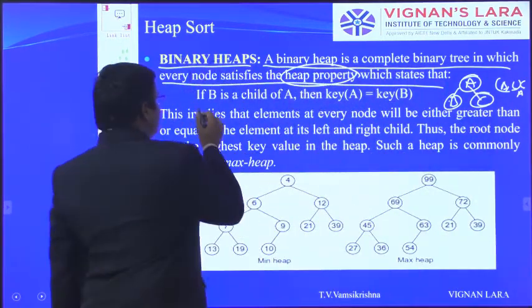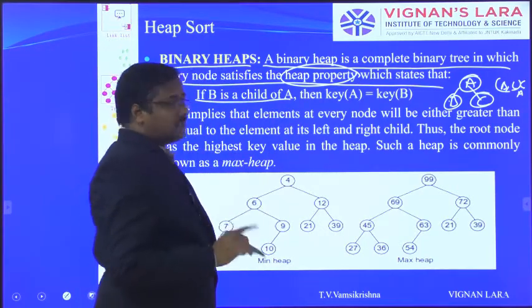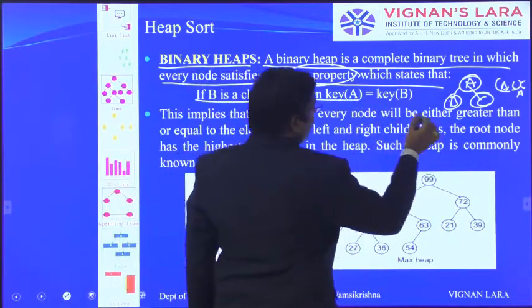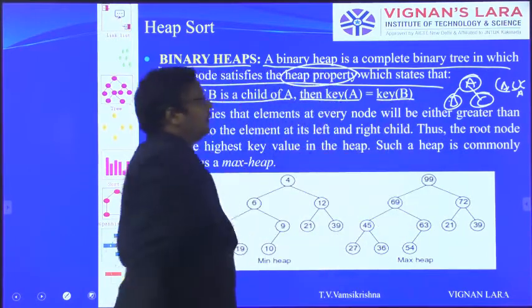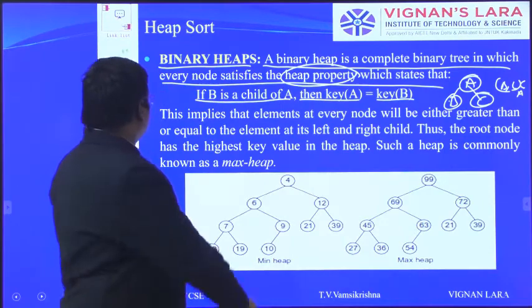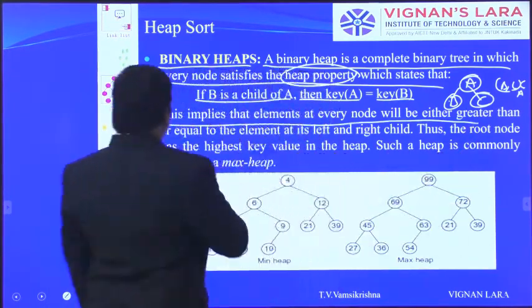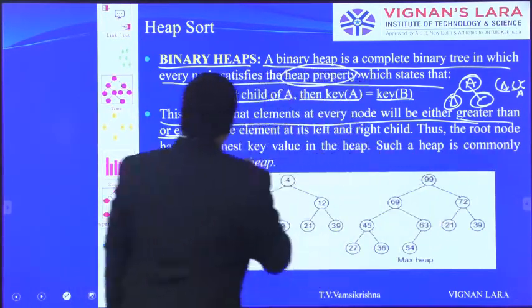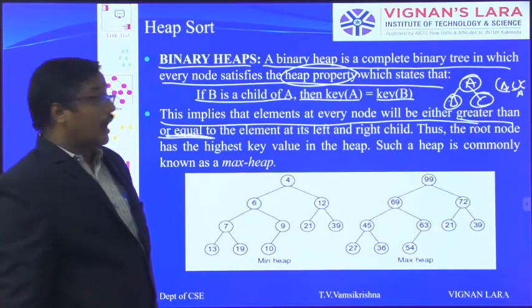That is the specification. If B is a child of A, then the key of A, that is the value in A, must be equal to or greater than B. So this implies that each and every node is either greater than or equal to the elements of the left child and right child.